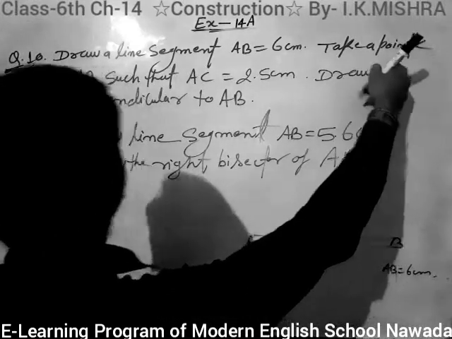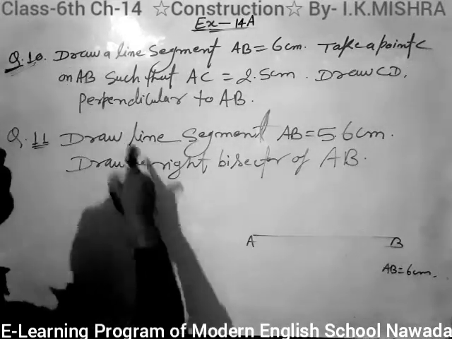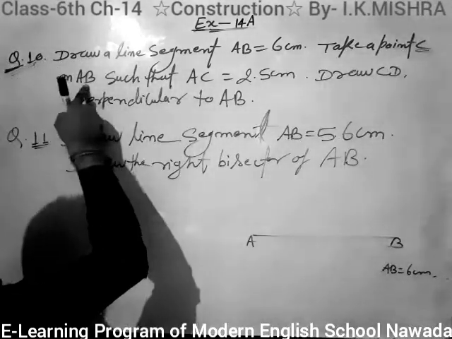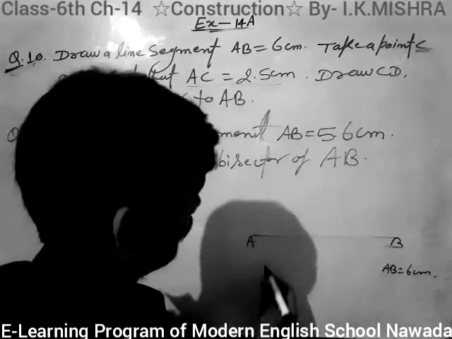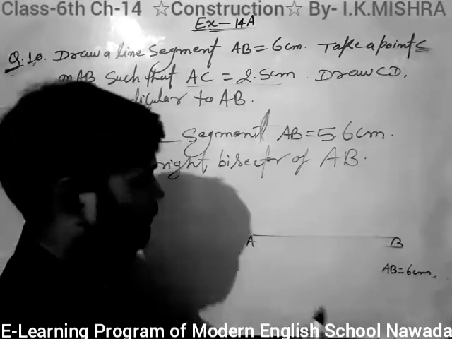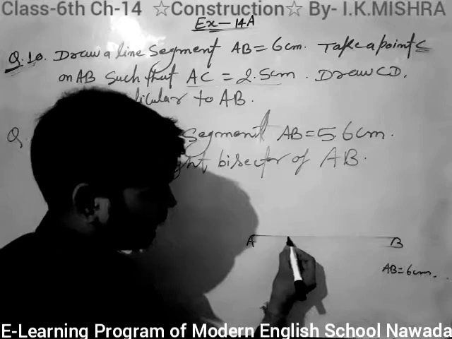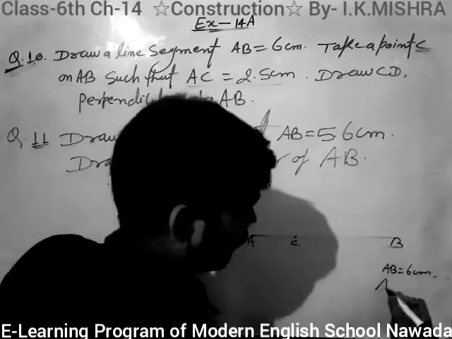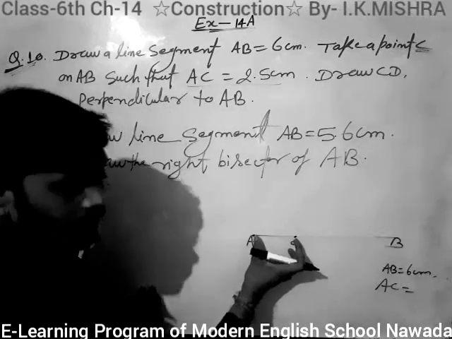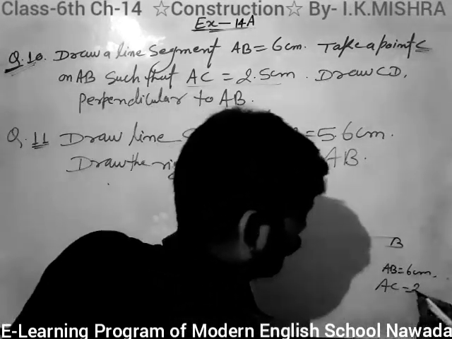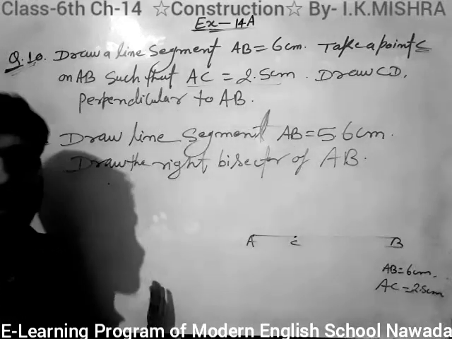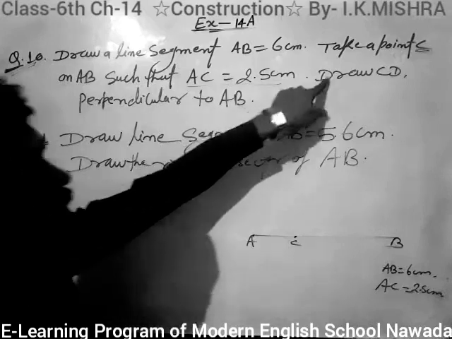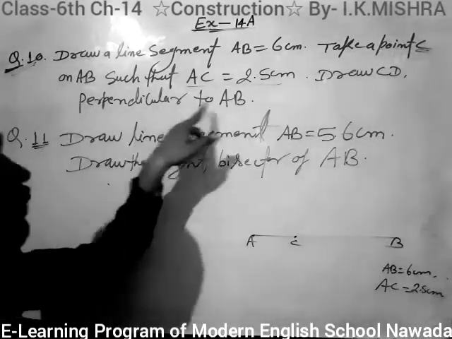Now take a point C on AB such that AC equals 2.5 cm. Students, measure 2.5 cm from A. Suppose here is C, so AC equals 2.5 cm. Clear students? And now draw CD perpendicular to AB.